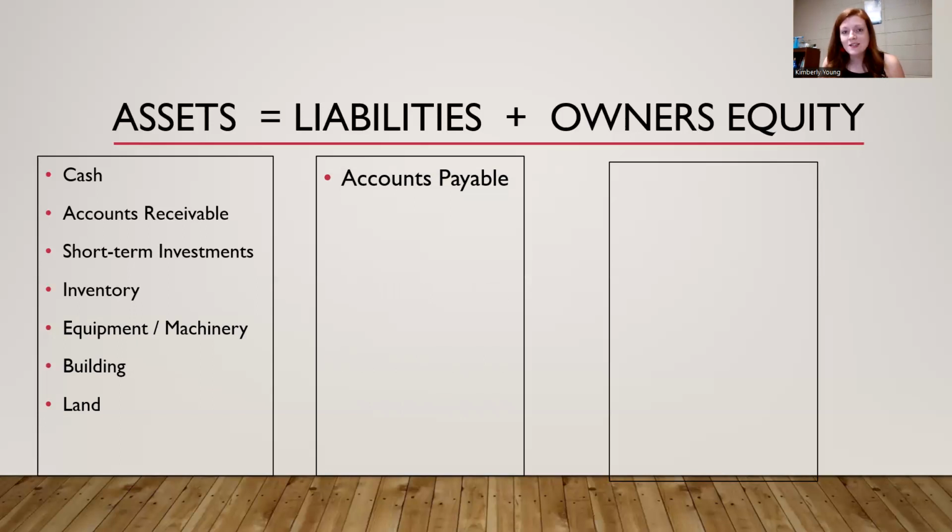Our liabilities, we know, are the debt that we owe or an obligation we have to someone else. One of the first ones we always see with that is accounts payable. Accounts payable is where we have purchased something from a vendor, a supplier, and we owe them typically in the short term.